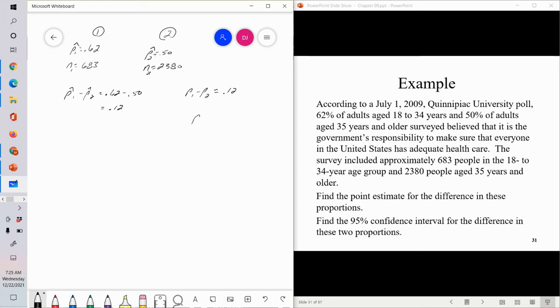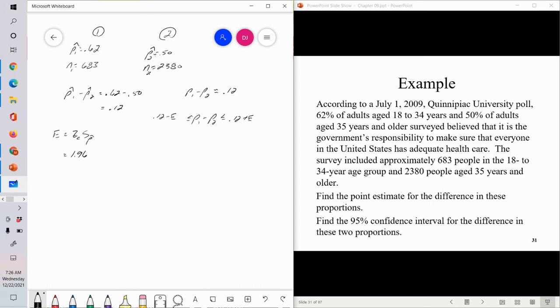Again, p1 minus p2 is going to be somewhere between 0.12 minus the margin of error and 0.12 plus the margin of error. To calculate the margin of error, it's still z sub c times s sub p hat. What's going to change is not the z, but how we calculate s sub p hat.